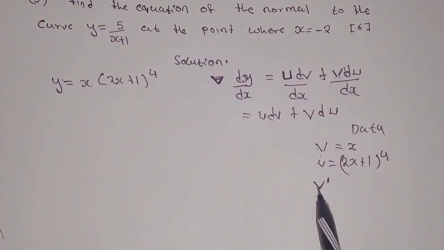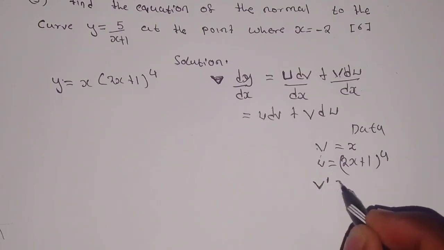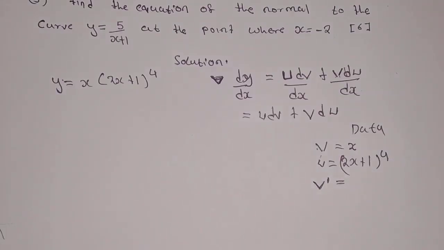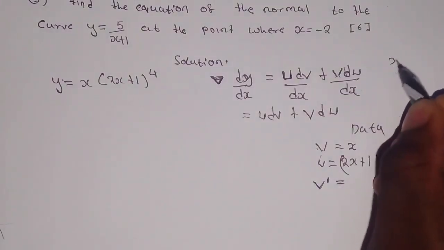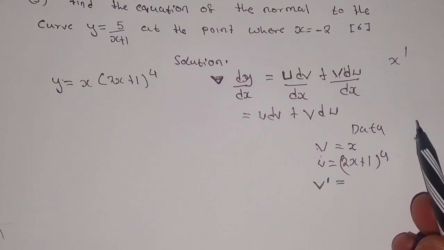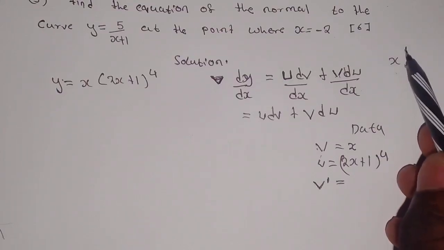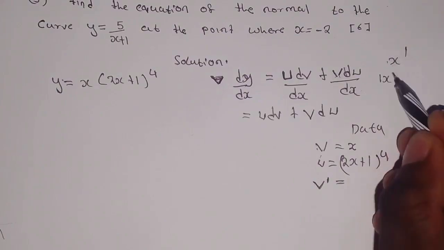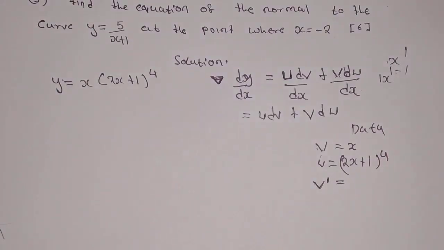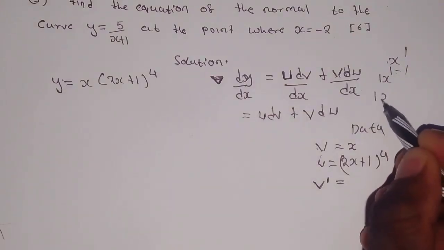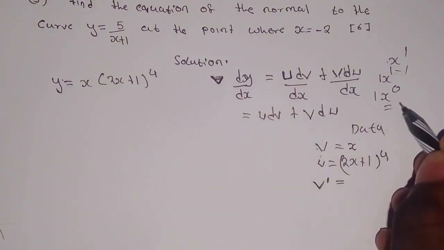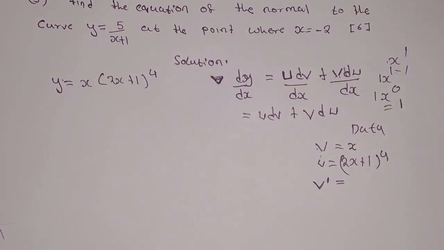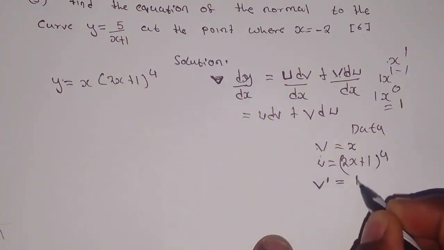What is the differentiation of x? x has a power of 1, so we do 1 multiplied by x, and then this power we must subtract by 1, so we have 1x to the power 0, and this will give us 1. Any number to the power 0 is 1. So here we're going to have 1.